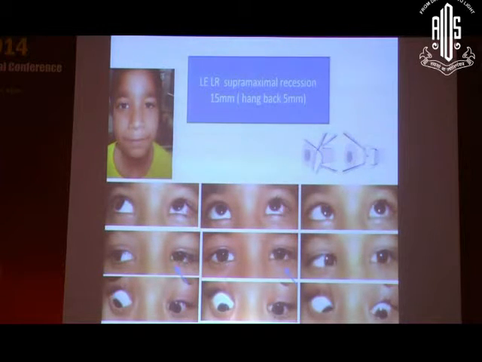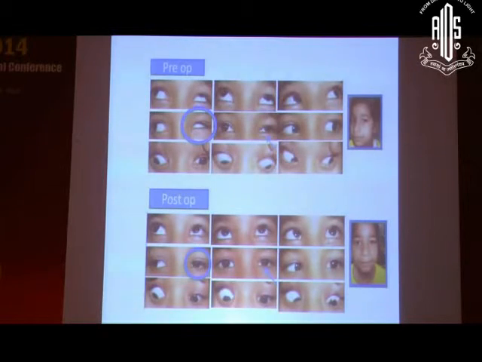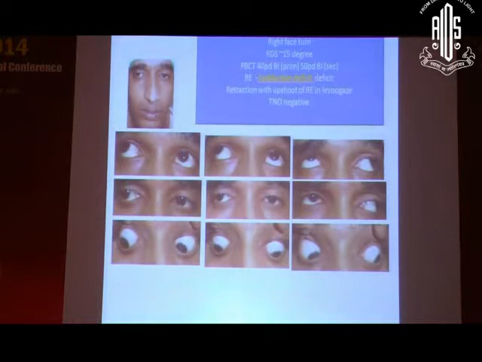This is another way of tackling exo-DRS, where we refer to a supramaximal recession rather than periosteal fixation. We did a supramaximal recession of around 15 mm with hang-back, and we were able to correct both the exotropia in primary position, as well as retraction of the globe and upshoot. And her face turn also got corrected.